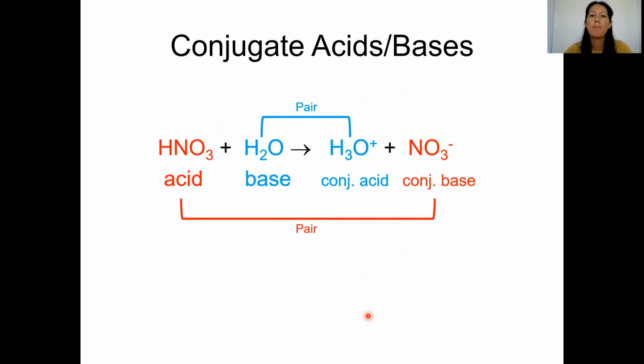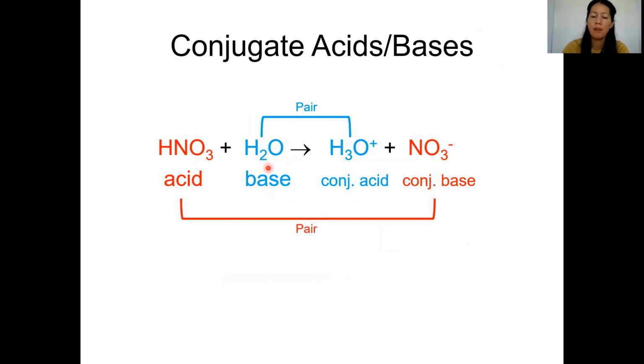The last thing I want to mention is another topic on acids and bases, and there's some very important naming that we do for these sort of acid-base reactions. Just to let you know, you can take an acid and react it with water as a base. And so what that means is the acid gives up H plus and the water picks up H plus.